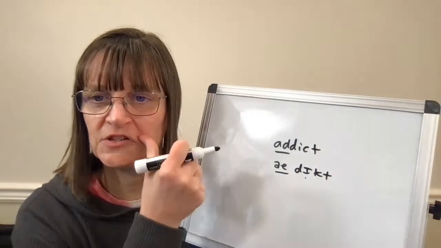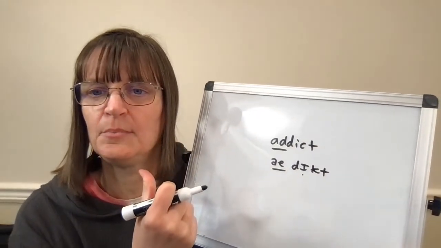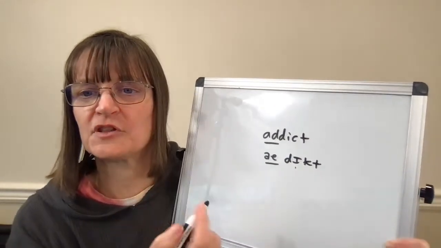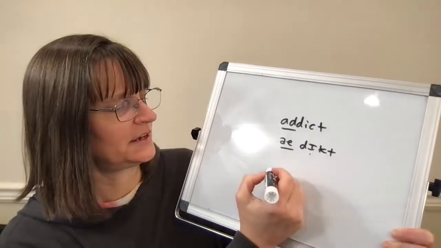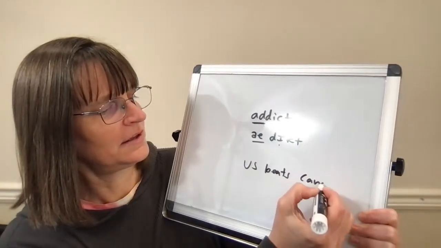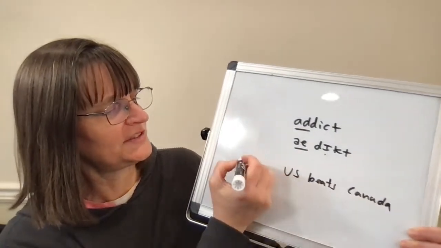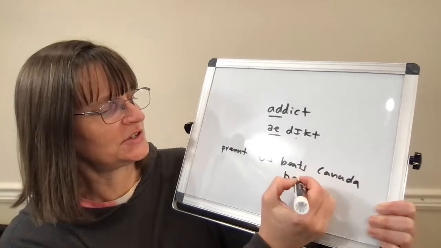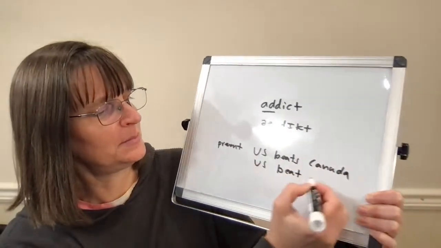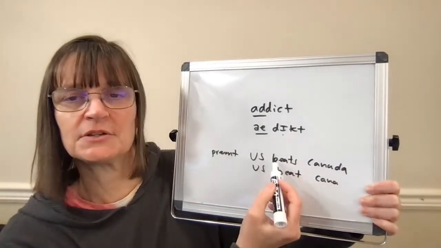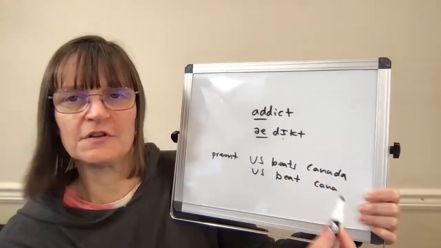And we have a question, is there a past tense for the word beat? US beats Canada. So the past tense is, if I said the US beats Canada for present tense, then the past tense changes to beat. The US beat Canada. So she beats him every time.